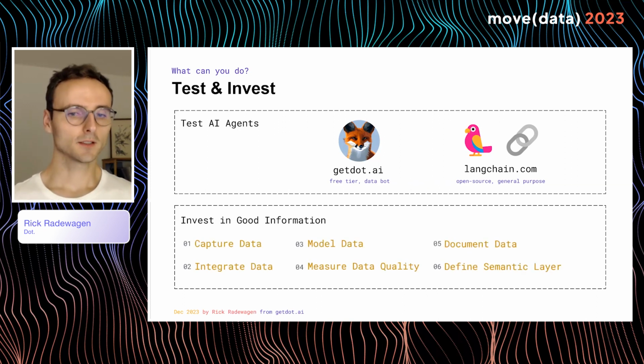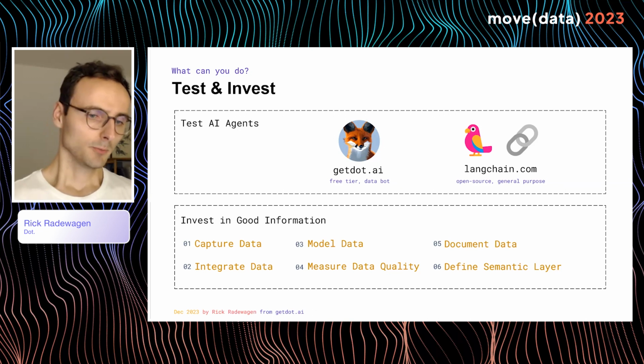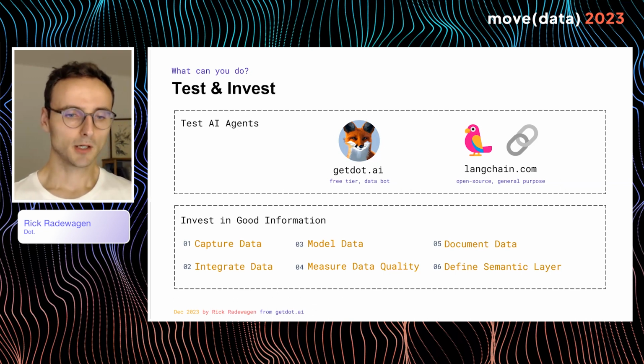When it comes to investing in good information, I would recommend to audit what you currently have in these 6 buckets. Make sure you capture the data that you really care about and you capture it well. Integrate this data into a common place so you can easily combine it, and it's easy to access in a central place like a data warehouse.